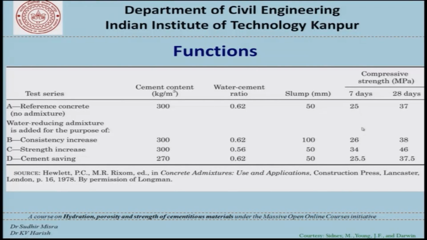The 7 day strength is approximately equal, slightly higher, and the 28 day strength is also either equal or slightly higher than the reference mixture. In the second case, where we use it for increasing strength, we have the same cement content as that of the reference mixture, 300 kg per meter cube, but the water to cement ratio is lowered.